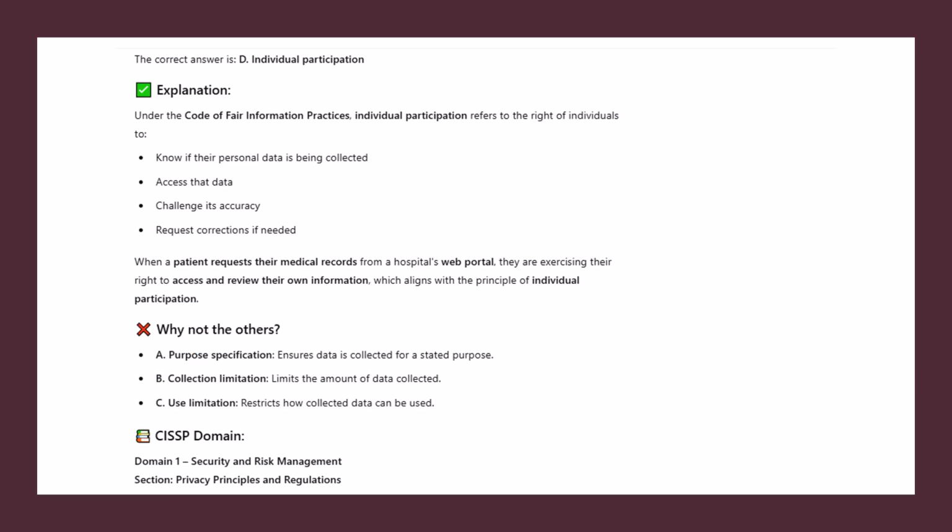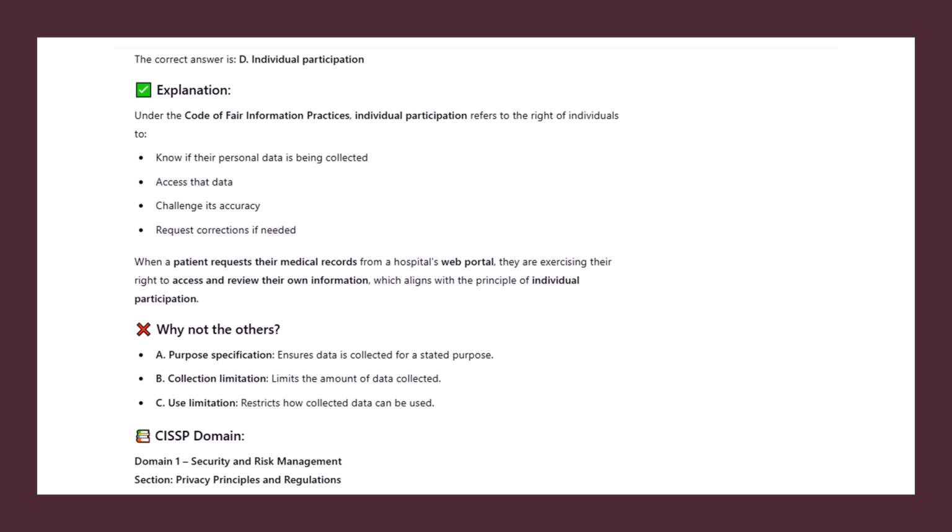The correct answer here is D. Individual participation. Under the Code of Fair Information Practices, individual participation refers to the right of individuals to one, know if personal data is being collected, two, access the data, three, challenge its accuracy, and four, request corrections if needed.